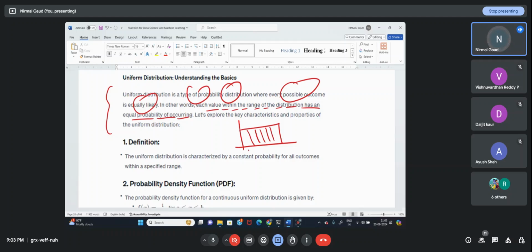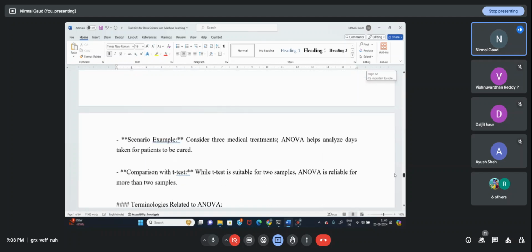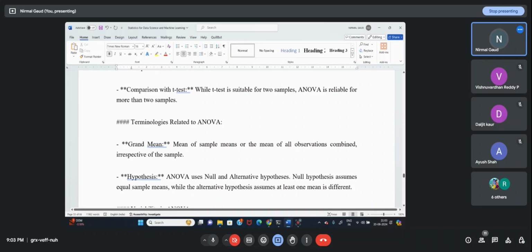Whatever values are present here, they are equally likely to be present in the form of outcome. Every value has an equal chance, equally likely. So uniform distribution. It's uniform in nature.